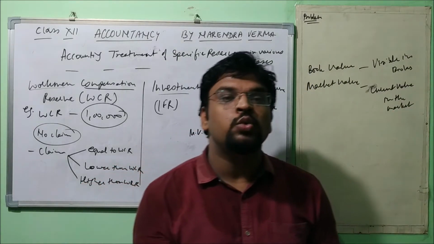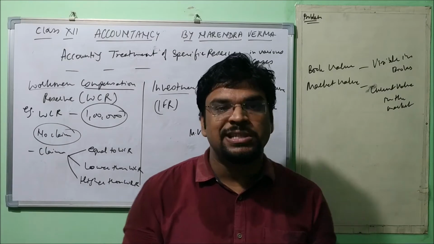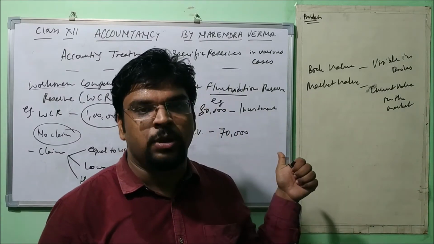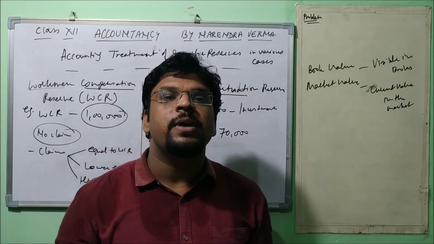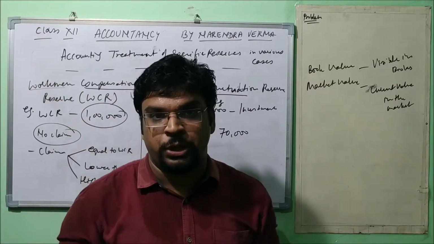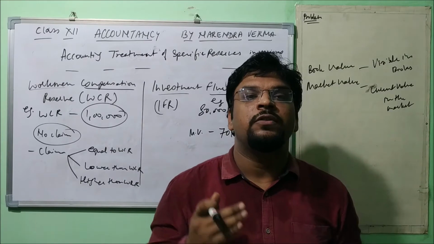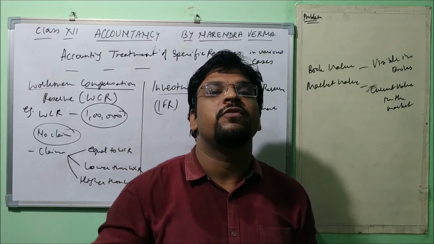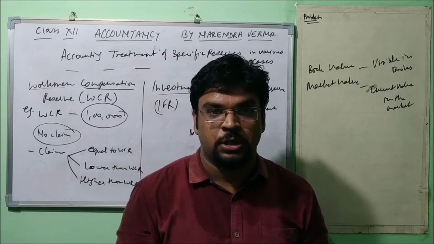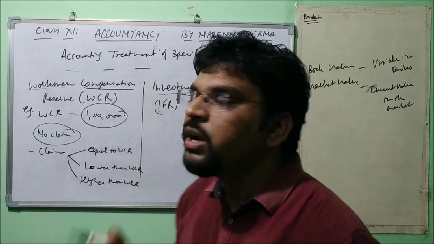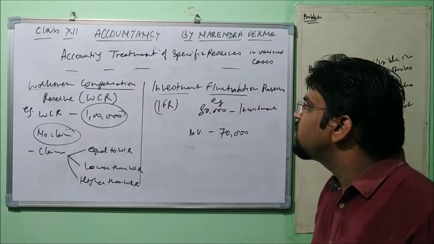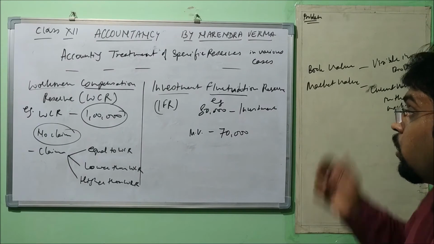So just to bear this loss, because this is a very small example, firms make investments with huge amounts, right? Okay, so just to bear the loss of the fall in the market value of the investment, they maintain one reserve which is known as Investment Fluctuation Reserve, right?